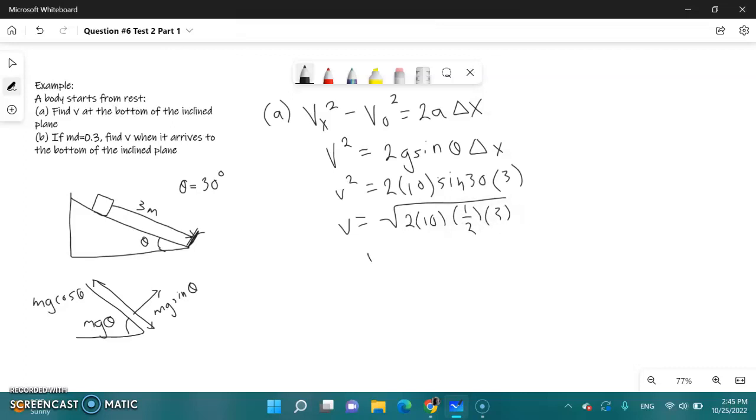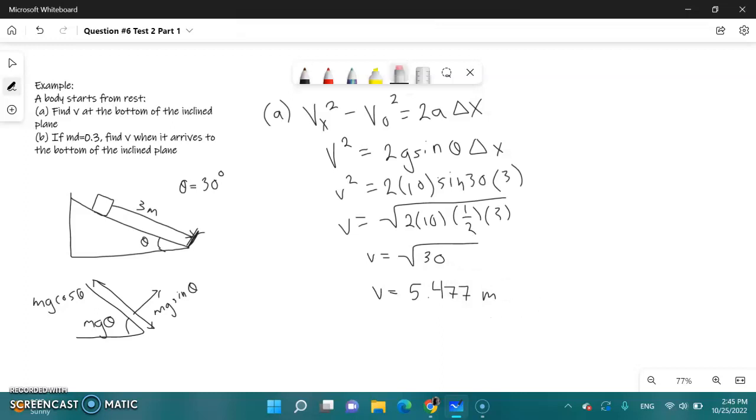When we simplify this, we get the square root of 30, which means that the velocity at the bottom of the inclined plane should be 5.477 meters per second. And perfect.